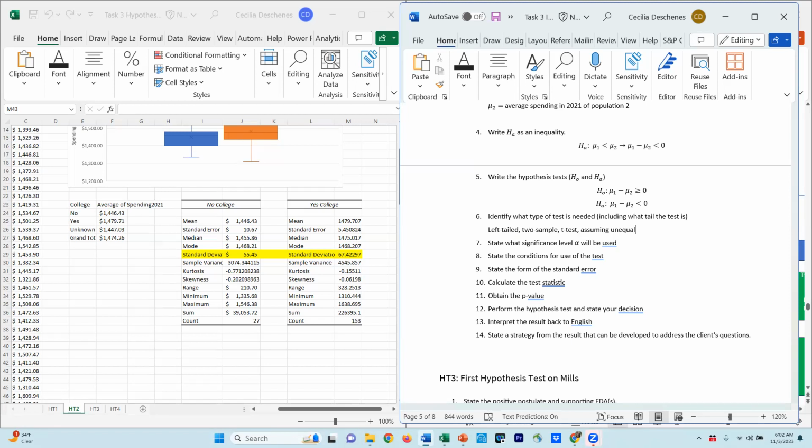The square of the standard deviation is the variance, so unequal variances. All right, so this is the test that we've identified that we're going to need to use.